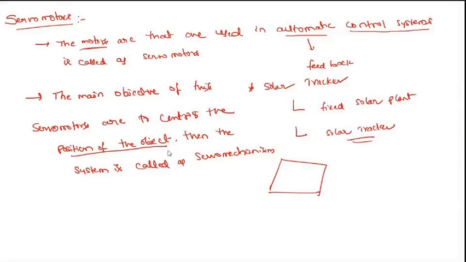Now the next point is, what are the inputs of the servo motors? What are the outputs of the servo motor? For the servo motor, the input is electrical signal, whereas the output is angular displacement.